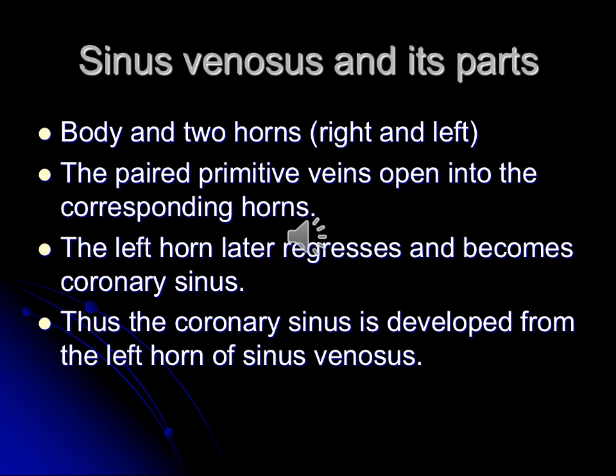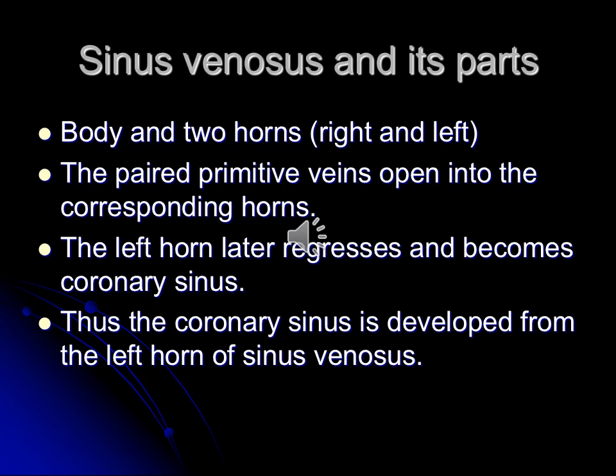Sinus venosus. Your answer shall be: it has a body and two horns, right and left, which are receiving the paired primitive veins, and the left horn slowly becomes smaller in size, and in the adult heart it is represented by the coronary sinus.